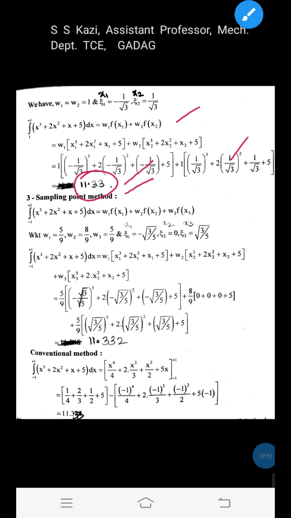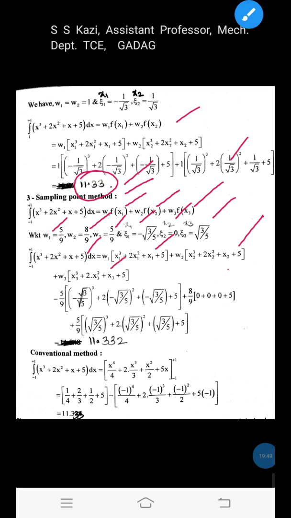Using 3 point method, we are using 3 weights and 3 points, w1 f of x1 plus w2 f of x2 plus w3 f of x3, and we will use weights w1 5 by 9, w2 8 by 9, w3 5 by 9. Just now we have derived zeta 1 that is x1 is minus root 3 by 5, zeta 2 that is x2 is equal to 0, zeta 3 that is x3 is equal to root 3 by 5, and write this integral is equal to w1 into f of x1, replace x by x1, plus w2 f of x2, replace x by x2 in the function, plus w3 into f of x3, replace x by x3 in the function.